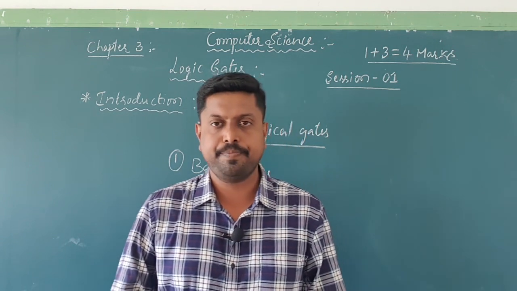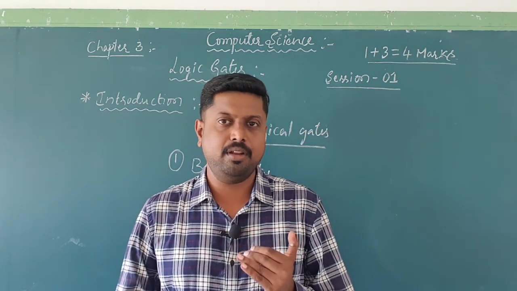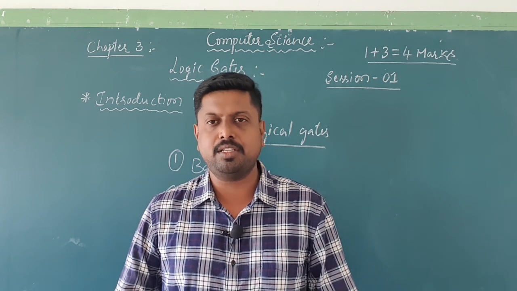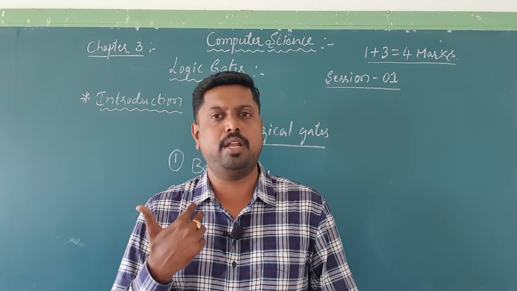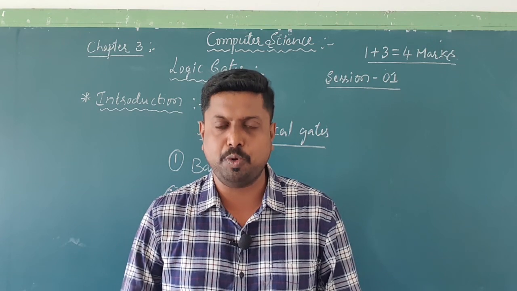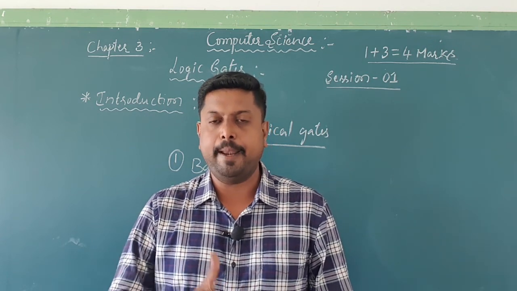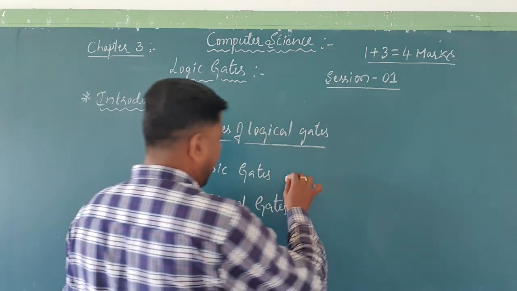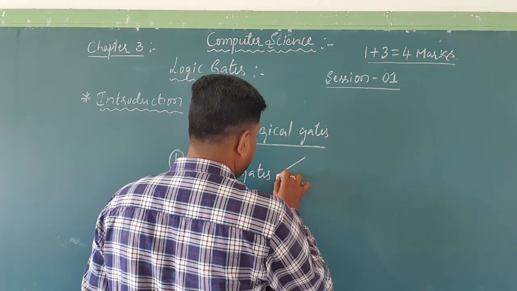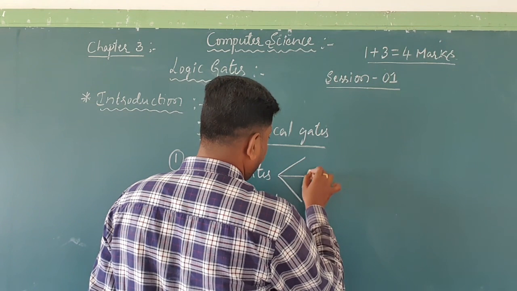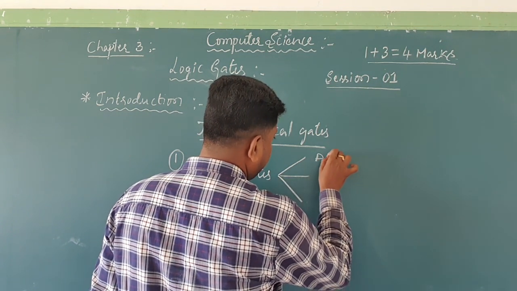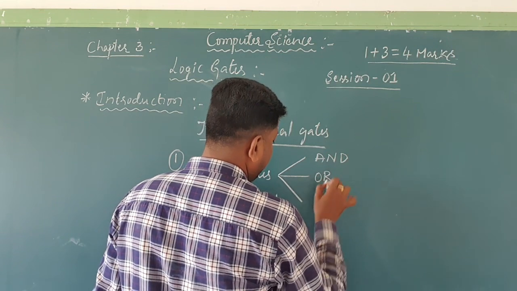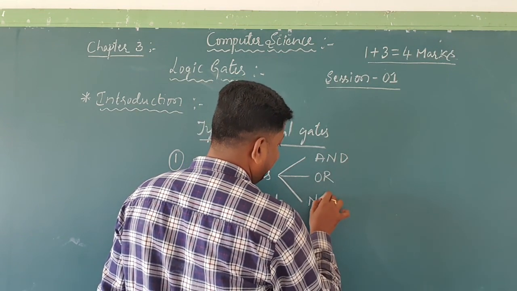So dear students, as I said the definition, the logical gate is an electronic circuit gate which accepts one or more than two inputs and produces a single output. Then in the basic gate, if I categorize, we have three major types: logical AND gate, logical OR gate and logical NOT gate.